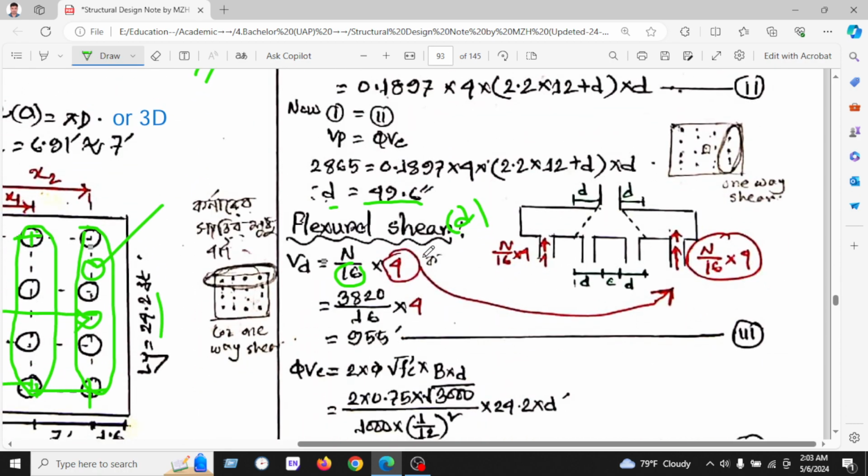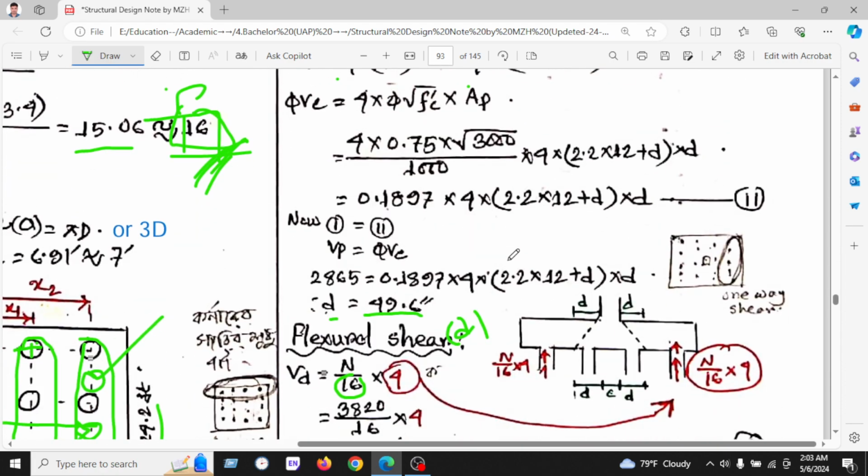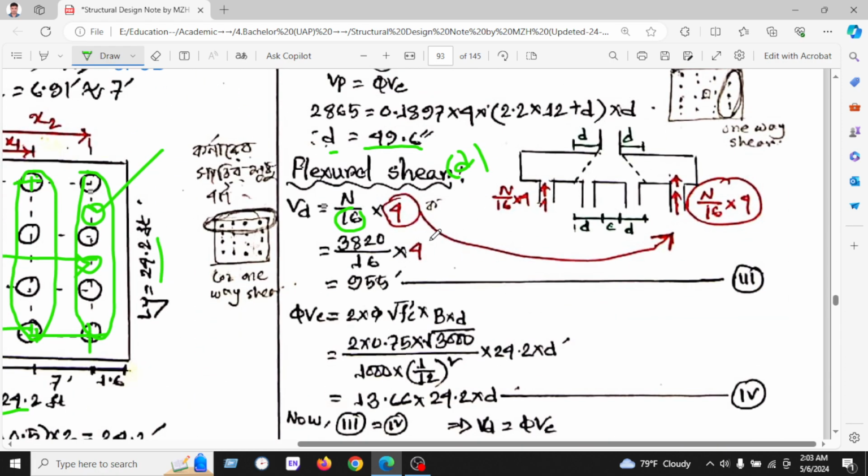The flexural shear is found at a distance of D. That's why, if you calculate C plus D, we have shown here the pile arrangement, only 4 piles are taking all the loads. Here the 16 piles become 4 piles. How many piles have taken this load? Only 4 piles. That's why we have calculated only 4.